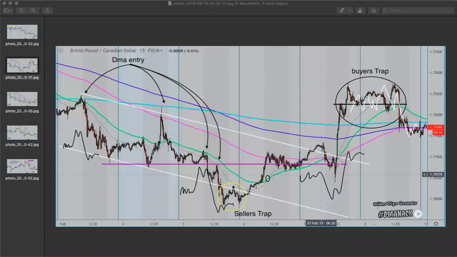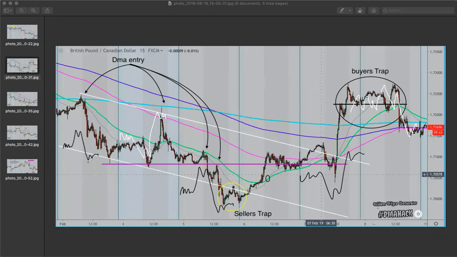So 1, 2, 3, 4, and this is 5. 5 out of these 6 days had the exact same pattern. Is it so hard to figure out a pattern, to just follow it and not make yourself confused?